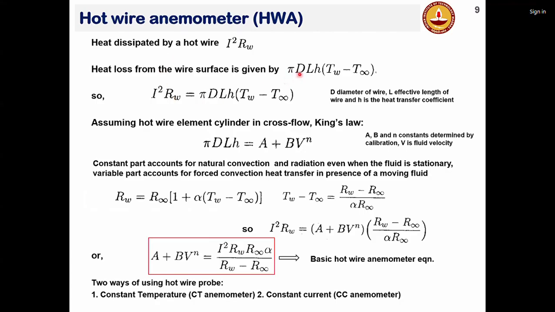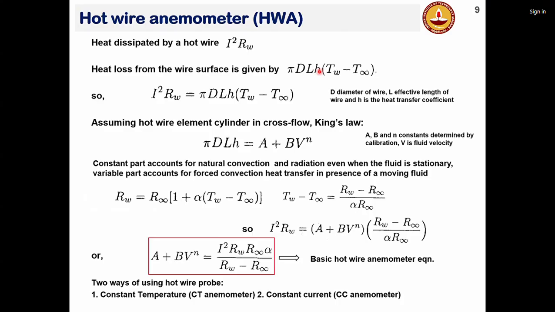This loss of heat is through convection, which is given by the surface area of the cylinder, typically pi into D into L, into H, where H is the heat transfer coefficient.